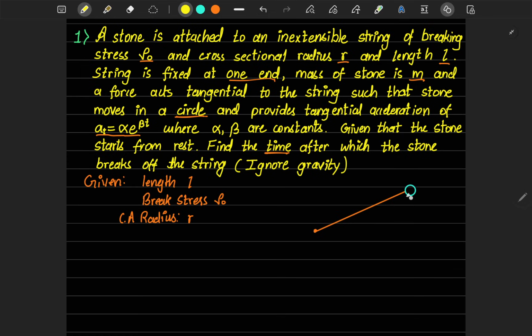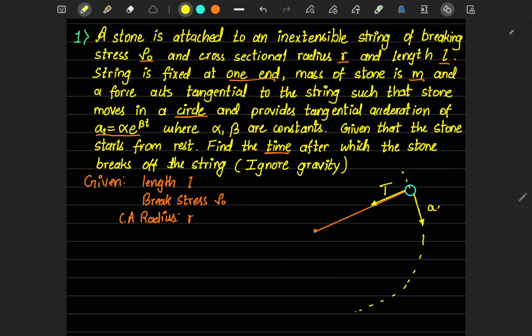So since it's a stone which is connected to a string, it will have a tension force. So this is our tension force, and then it is given that it is moving in a circular motion. So we will have this tangential force or acceleration.